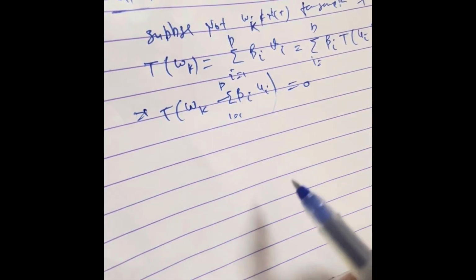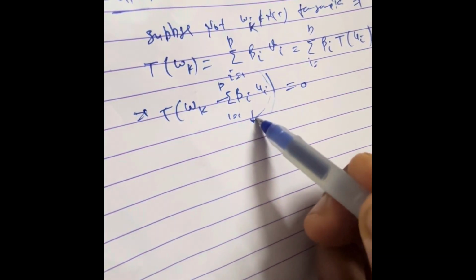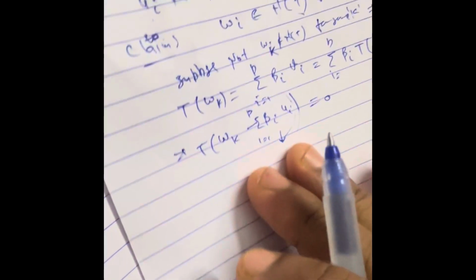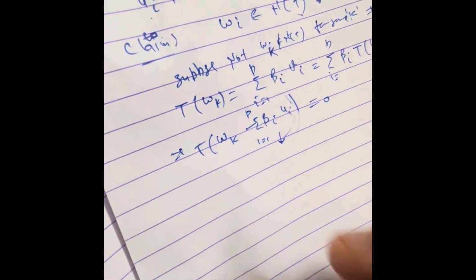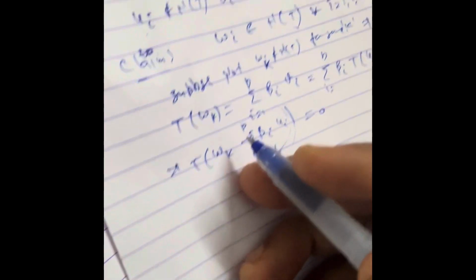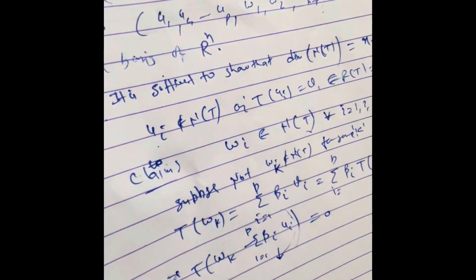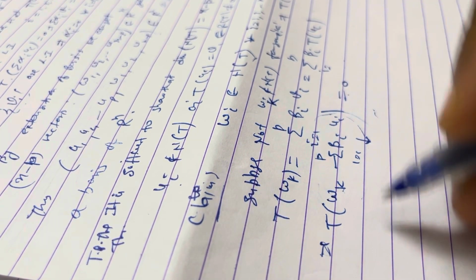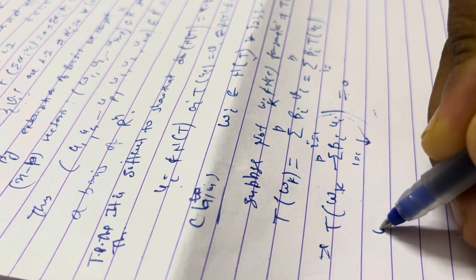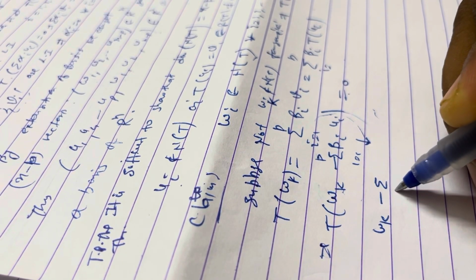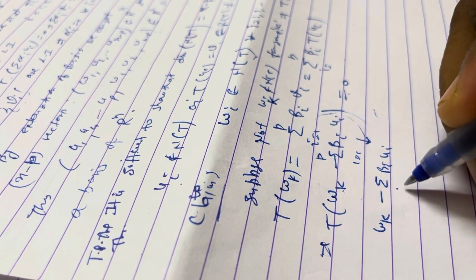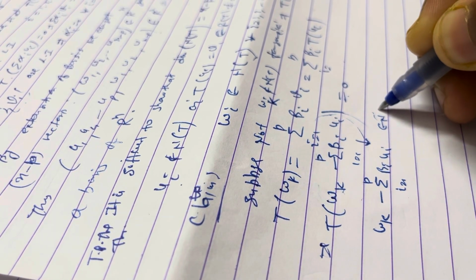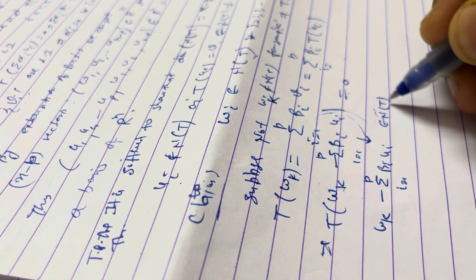This is 0. What does this mean? This means that this whole vector is actually in the null space. So w_k minus sigma beta_i u_i, i from 1 to p, belongs to the null space of T. Then clearly, who can span this?